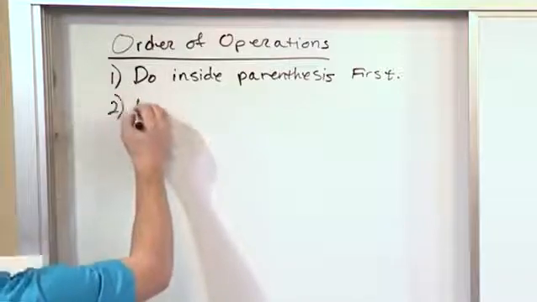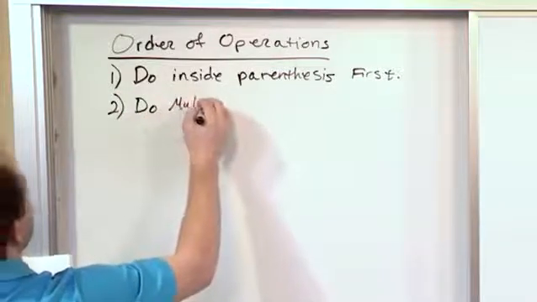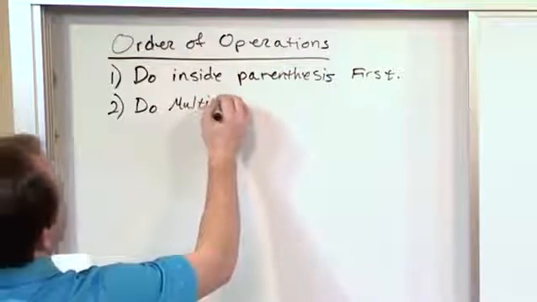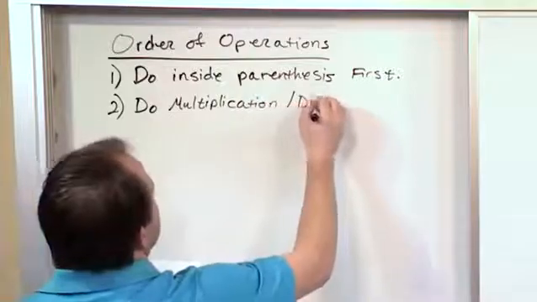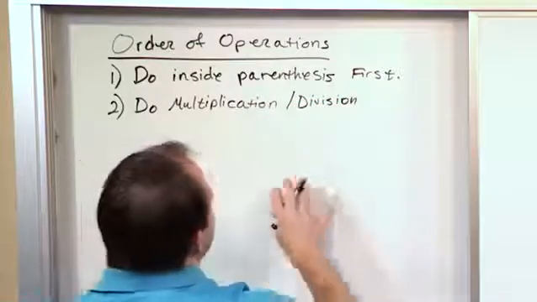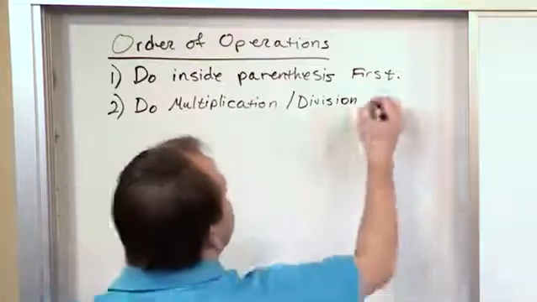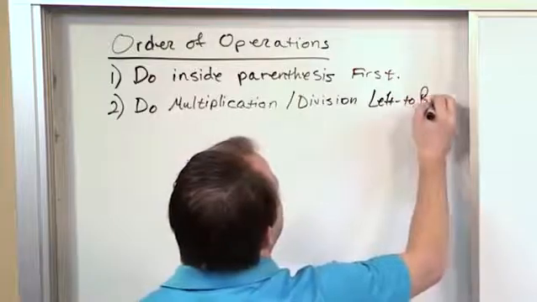Number two, the next thing in the order is you want to do multiplication and division. And when I say do multiplication and division, I'm talking about doing it left to right.